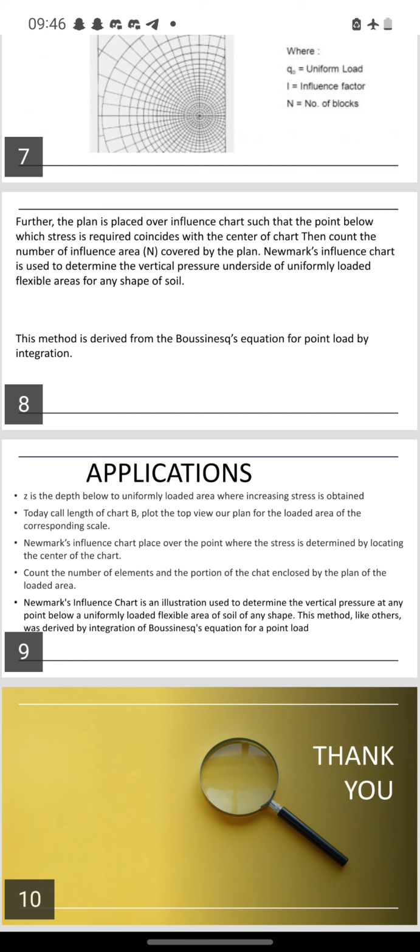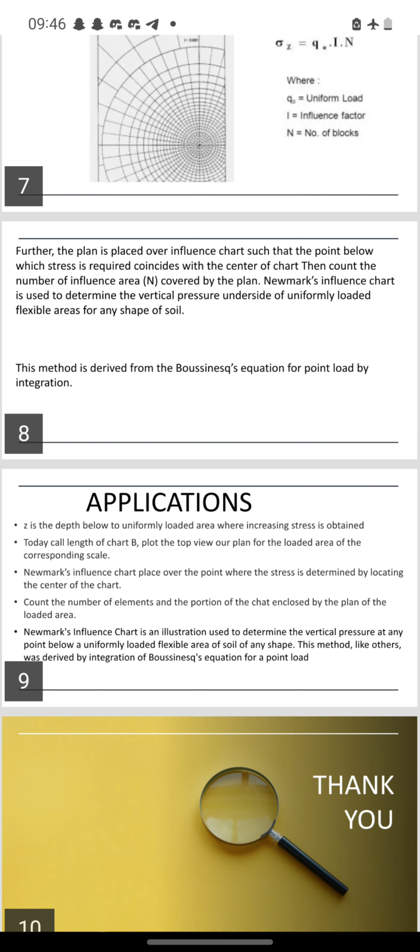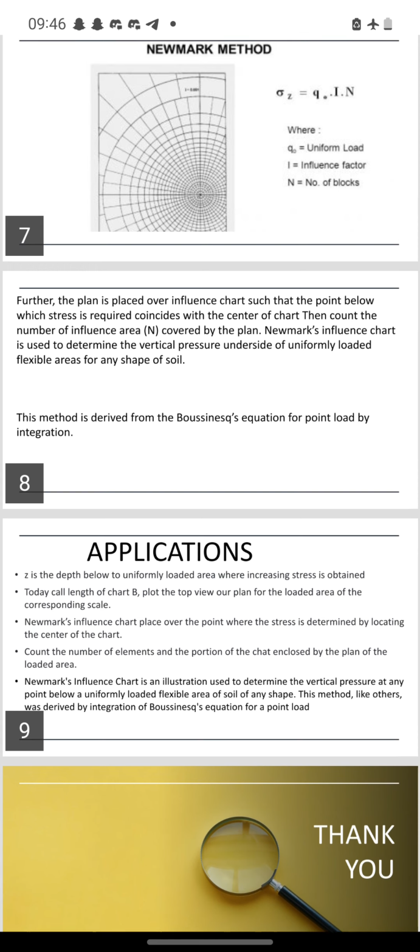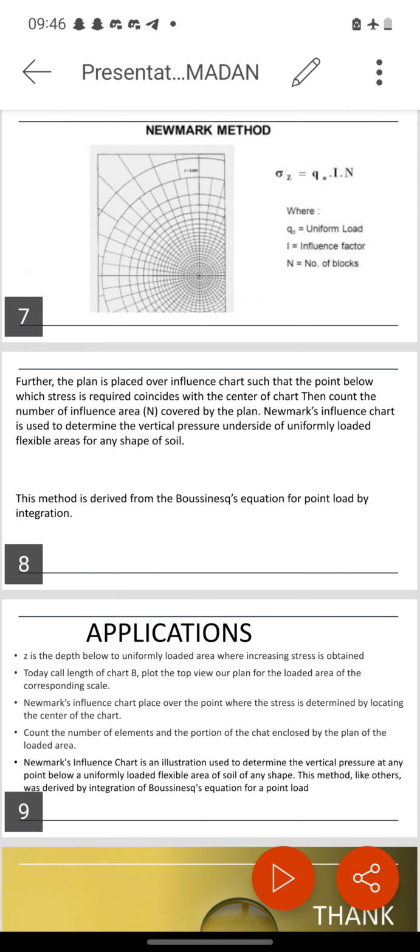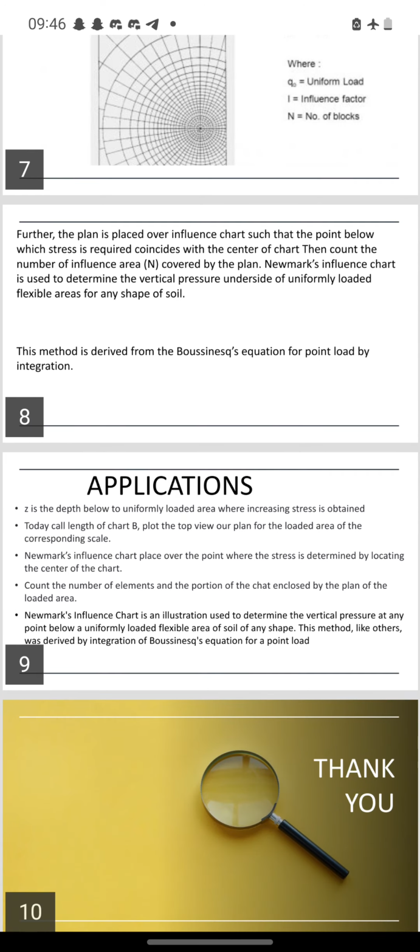And last point, Newmark's influence chart is an illustration used to determine the vertical pressure at any point below a uniformly loaded flexible area of soil of any shape.